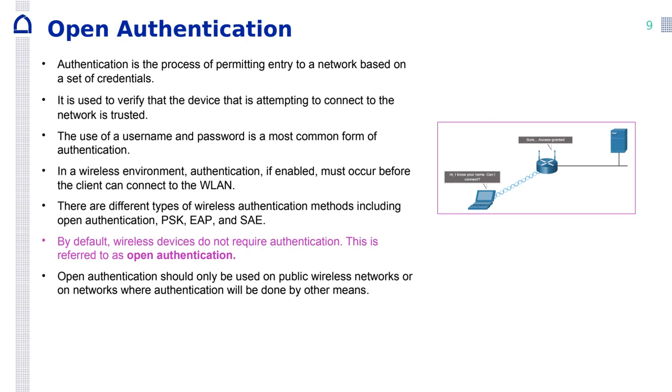Open authentication should only be used on public wireless networks or on networks where authentication will be done by another means. Like when you go to the mall, you connect to the access point, but then you are asked to authenticate in another application. That's the meaning.